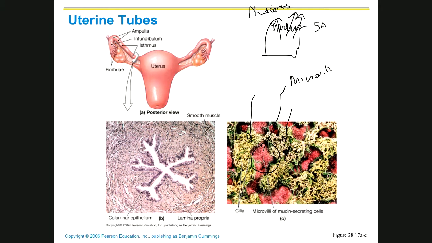Because remember, it takes about 6 to 8 days. And so during that time, up to 8 days, you still got to have nutrients. You got to have a food source. And so lots of sugars are released. Lots of amino acids are released, all from these microvilli.